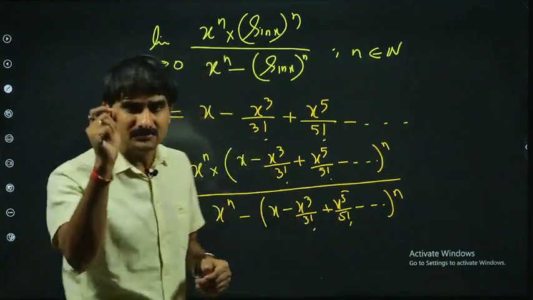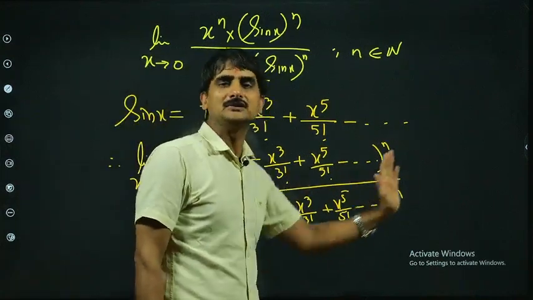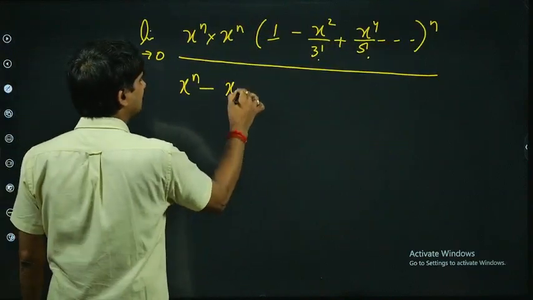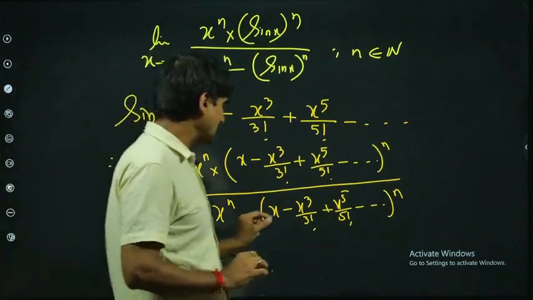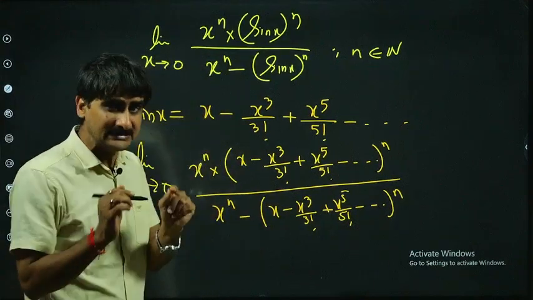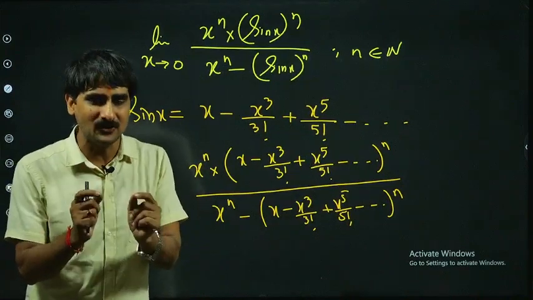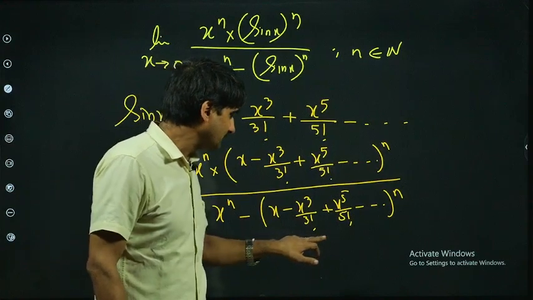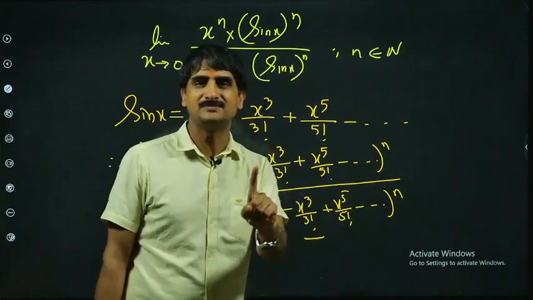The minimum degree term you will get is when you select x from all the n brackets. So you will get x^n. So the first term I write here is x^n. Then, the second lowest degree term will be when you select x from n minus 1 brackets and x cube upon 3 factorial from 1 bracket.